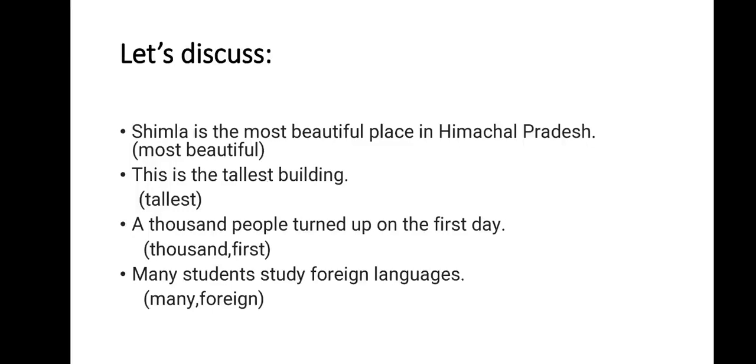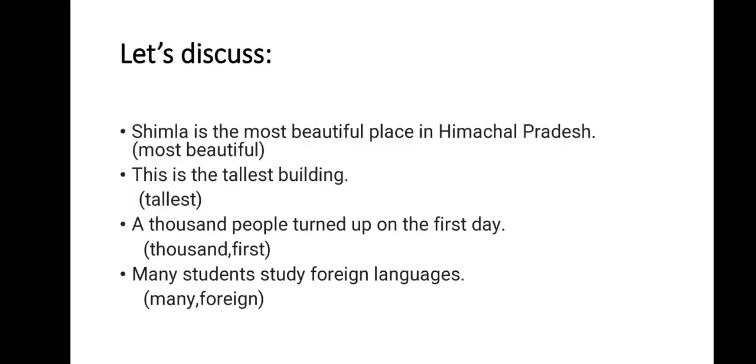The first noun is people, and the second noun given here is the word they. So we have the word thousand describing the noun people, and we have the word first describing the noun day. Very good. Well done, children.